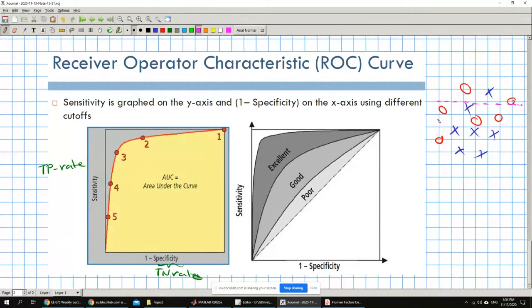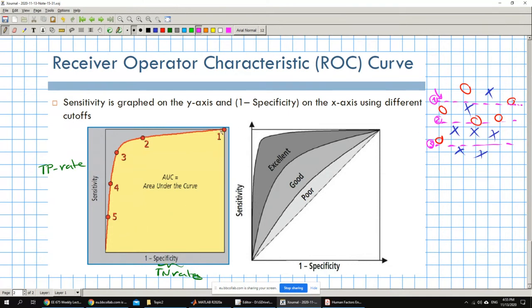I can put the threshold here, here, or here, in different places. The ROC curve draws the sensitivity versus 1 minus specificity for different values of the parameters. This is number 1, this is probably number 2, number 3, and so on. You use different parameters and draw a curve from these values, okay?